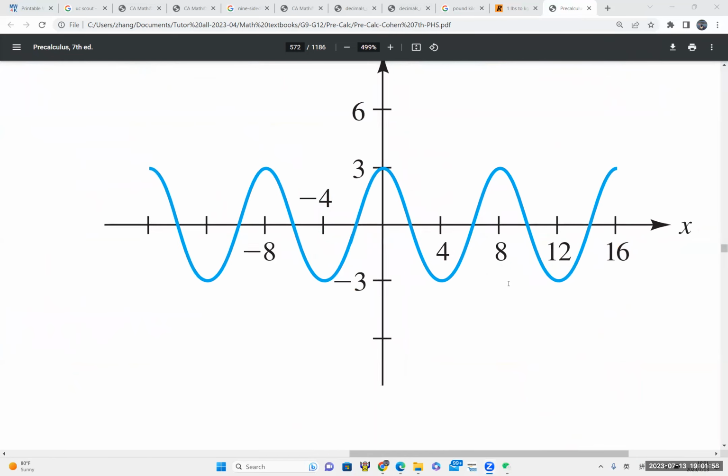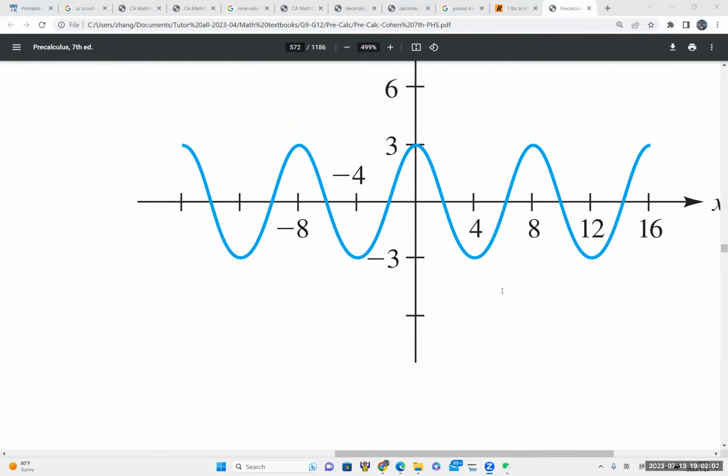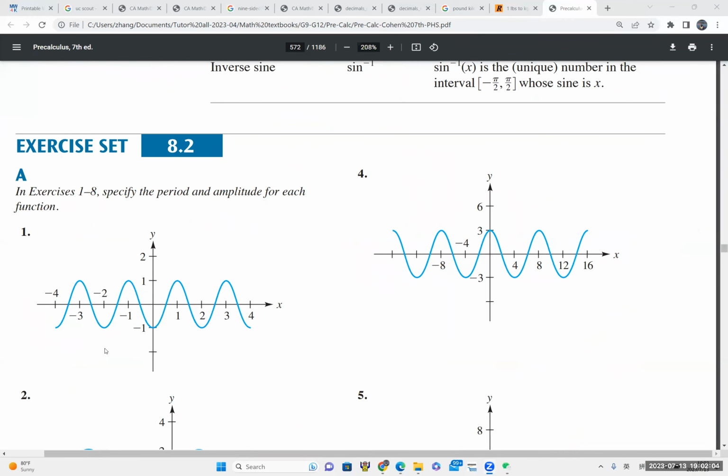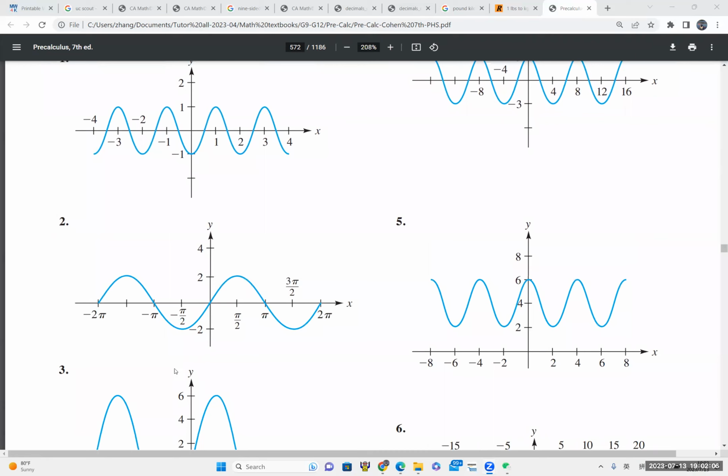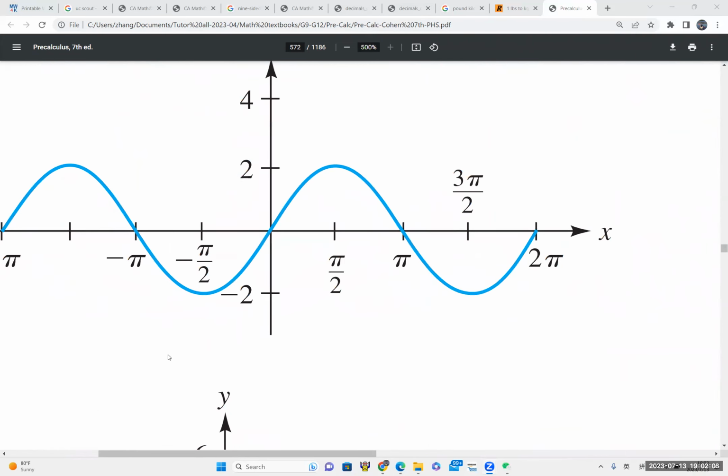You see here is a drawing for sine, but this is not sine. This looks like sine, right?